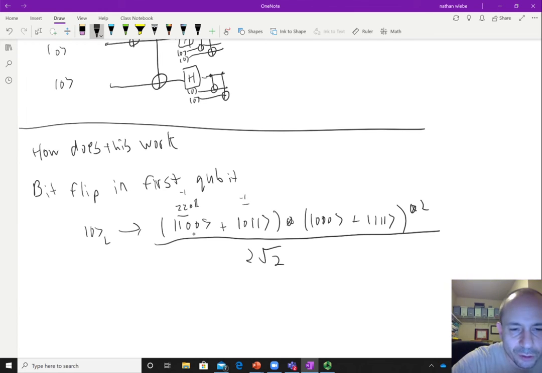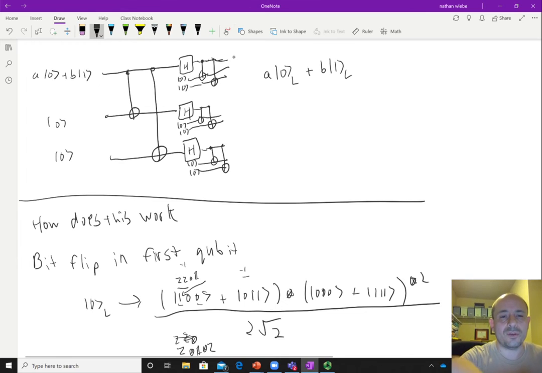Similarly, if we measured Z tensor I tensor Z over here, we would end up getting -1 because this bit is flipped relative to that one. And from these two pieces of information, we can determine that this was the bit that was flipped. In turn, we would just apply X on this top bit as a correction in order to fix it.